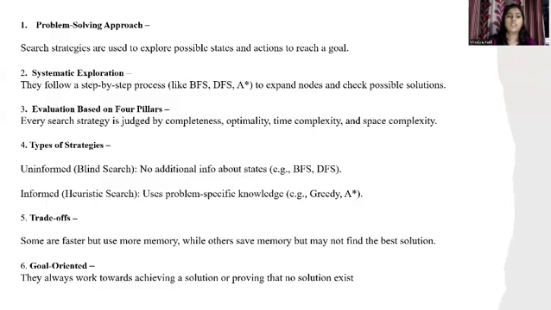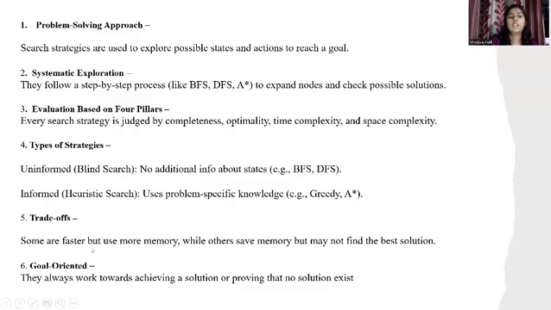Types of search strategy. First one is uninformed and informed. Uninformed is also called a blind search and informed is called a heuristic search. Uninformed has no additional information about the state, for example BFS and DFS. Informed uses problem-specific knowledge, for example greedy search.